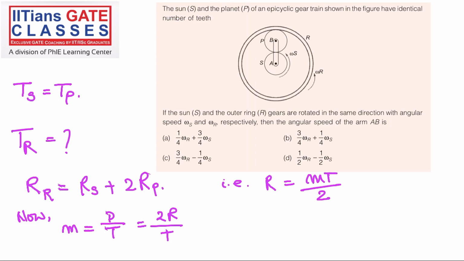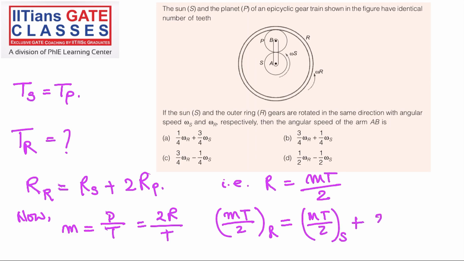So let us substitute mt by 2 in place of radius. So mt by 2 for the ring gear is equal to mt by 2 for the sun gear plus twice of mt by 2 for the planet gear, right?